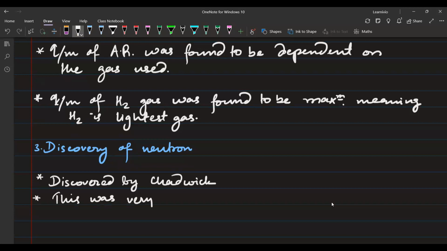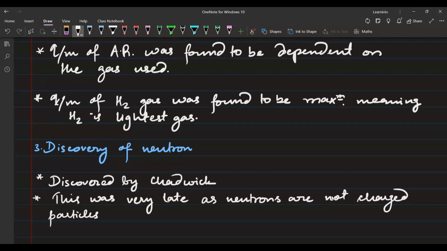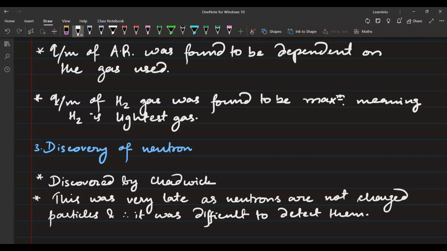This was very late, as neutrons are not charged particles. Therefore, it was difficult to detect them.